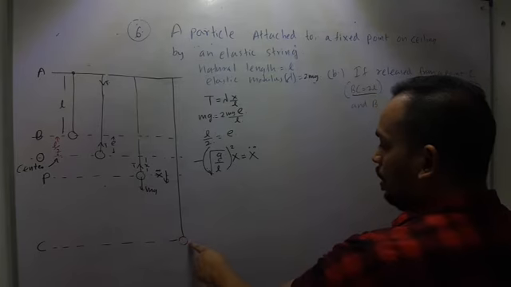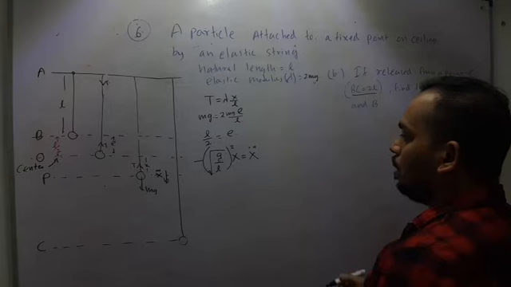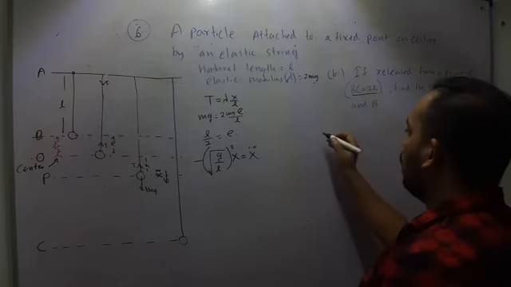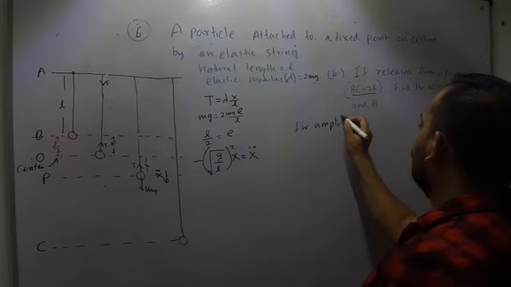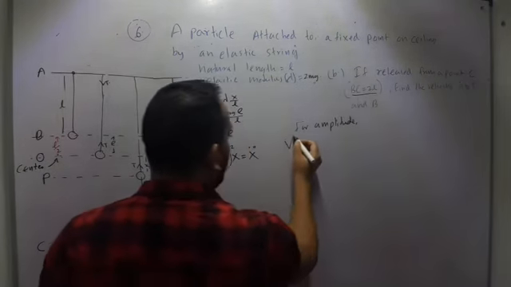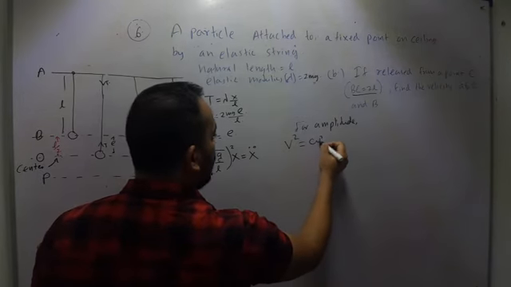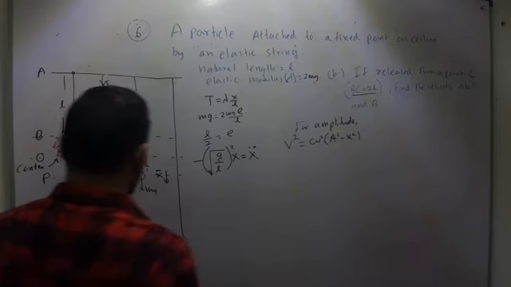Now when it is released from C, let's find out the amplitude. For amplitude, we can use this formula: V squared equals omega squared times (A squared minus x squared).